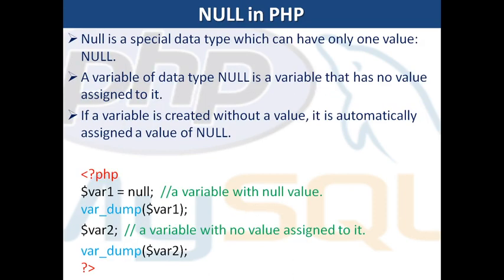Null. Null is a special data type which can have only one value, null. A variable of data type null is a variable that has no value assigned to it. If a variable is created without a value, it is automatically assigned a value of null. So here we have declared a variable with a value null, so it is a variable of data type null.